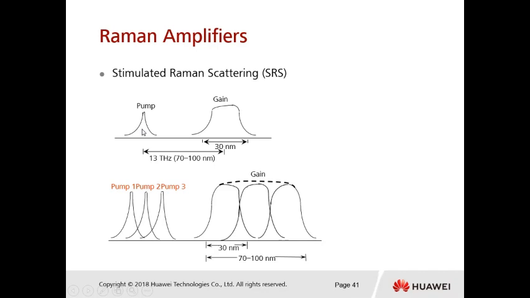The high energy pumping light scatters and transforms a small portion of the power to a beam whose frequency is downshifted, like this arrow, by almost 13 THz, and this width is almost 30 nanometers. This we call the Raman effect.